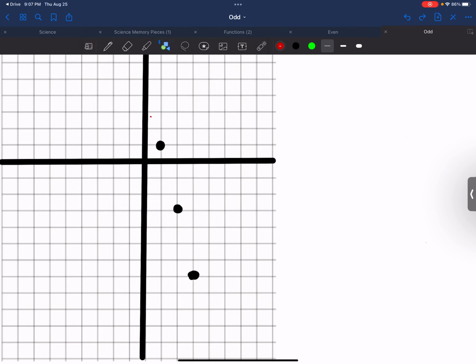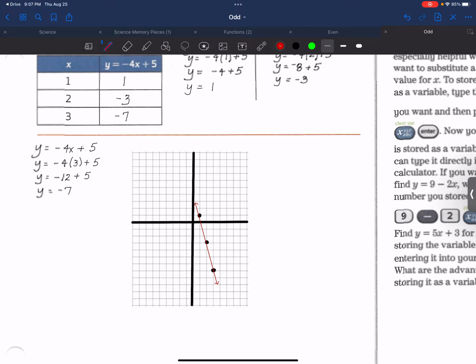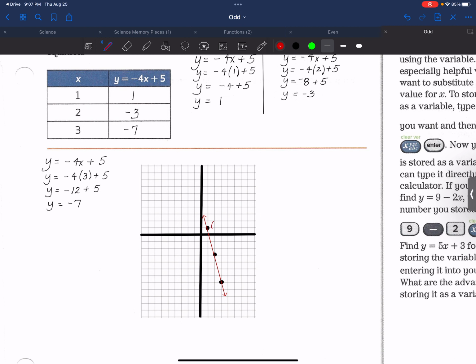Let's bring it right down through here and let it snap to. So there is the line that we drew based on our points. And again, those points are in that table. We have 1, 1, 2, negative 3, 3, negative 7.